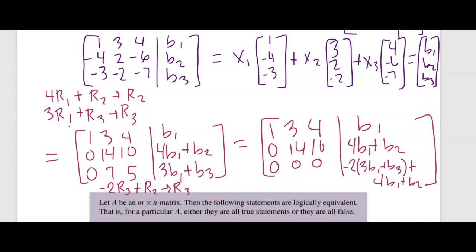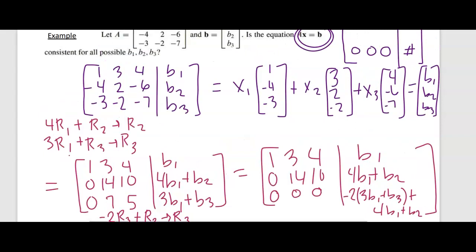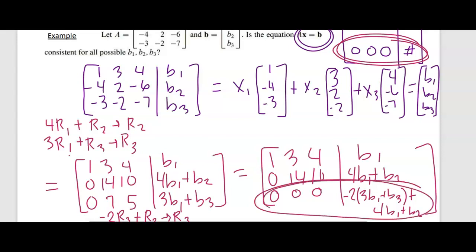And that ends up giving us the situation we talked about for it being inconsistent, doesn't it? If you have all zeros and then a number, there is no way in which this can happen. So is this equation consistent for all possible b1, b2, and b3? The answer is no, it is not consistent for all of those.